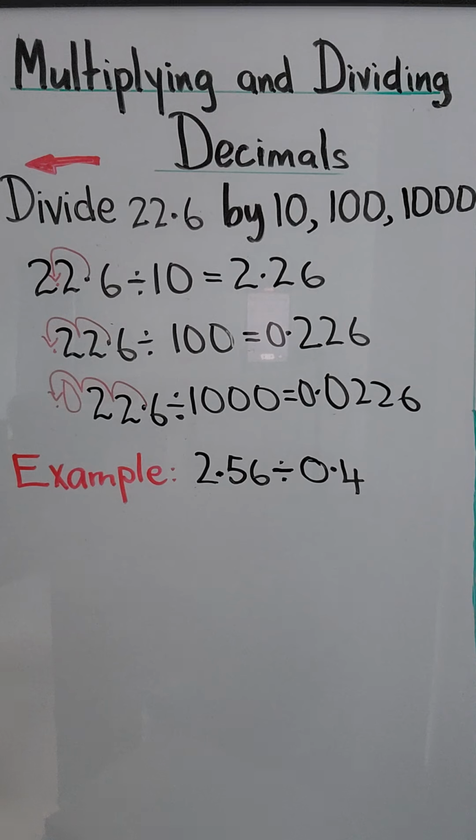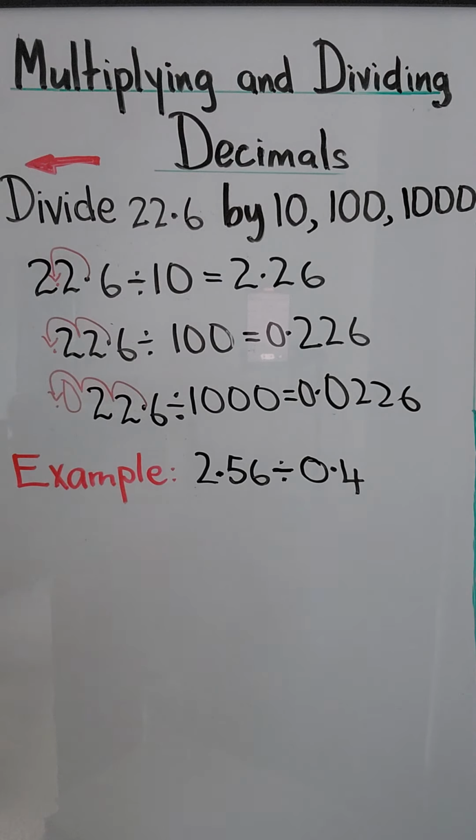Now let's look at our example. 2.56 divided by 0.4. So when we're dividing decimals, our divisor must be a whole number. So we're going to use the quick method of multiplication to change our divisor to a whole number.